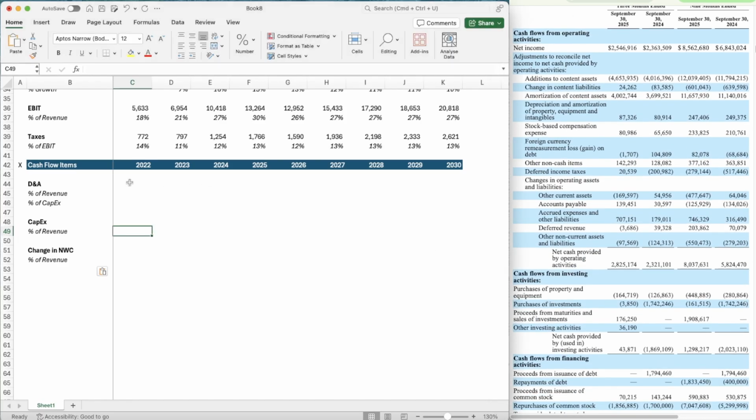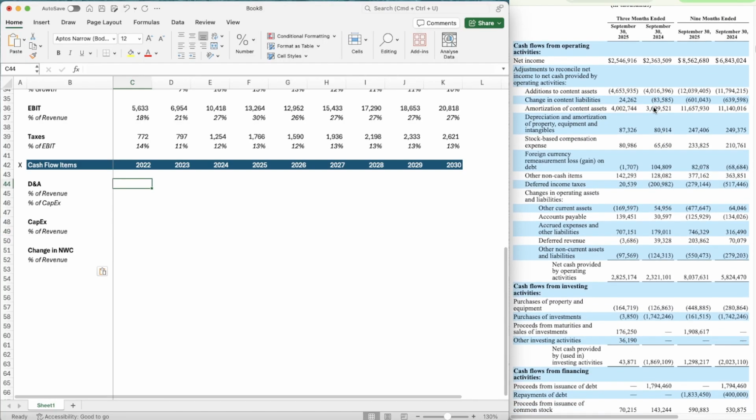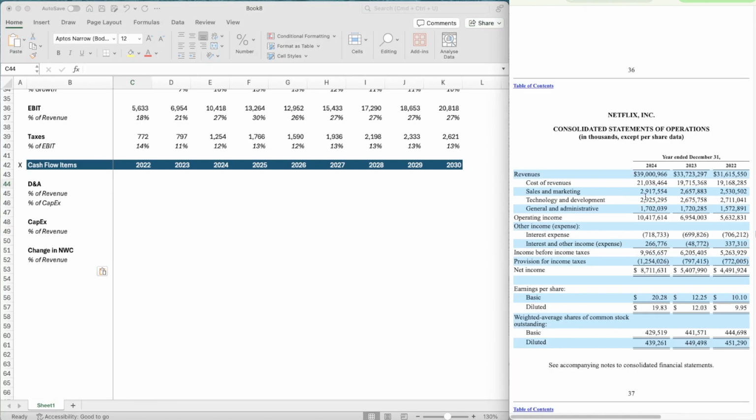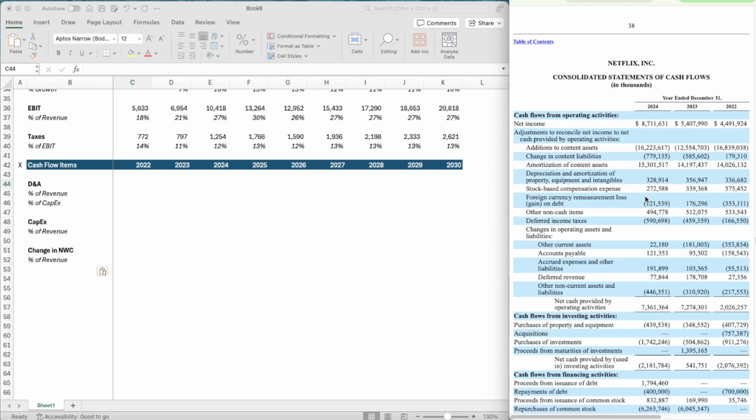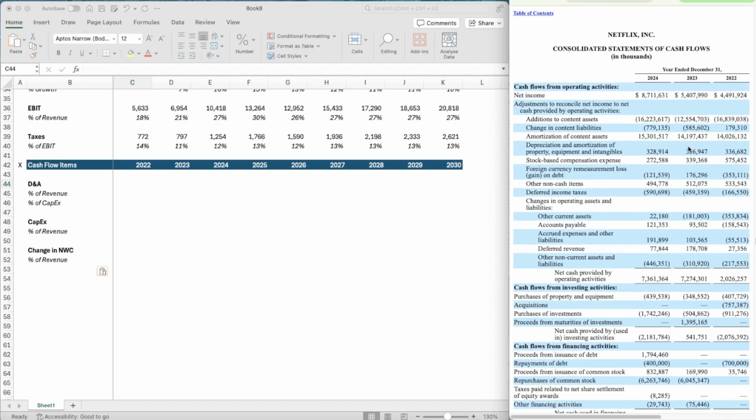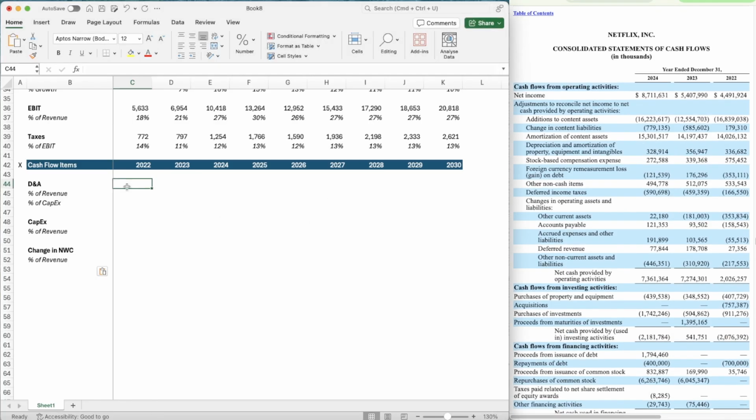So let's go 2022. Wrong page. We go 2022. So 336.682. Yes. 356.947. 328.914.